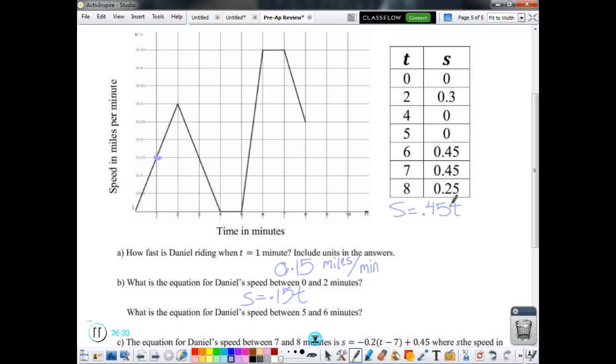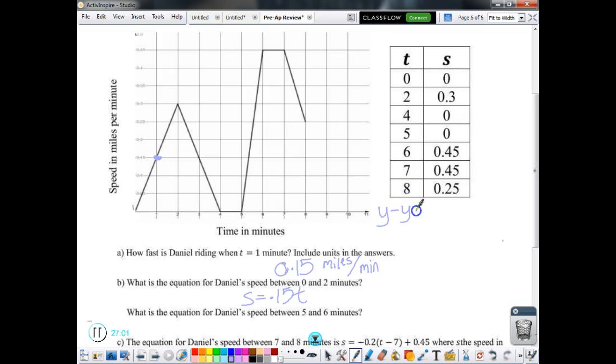So if I plug in 5 here, it's going to give me 0. You need the y-intercept. Do you know what the y-intercept is? No. You do not know what the y-intercept is. That one you cannot do y equals mx plus b. Which one is the best way to do it?